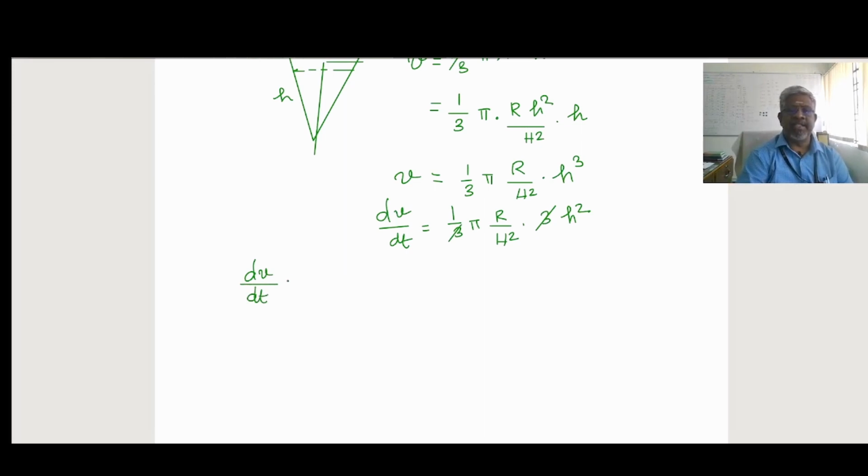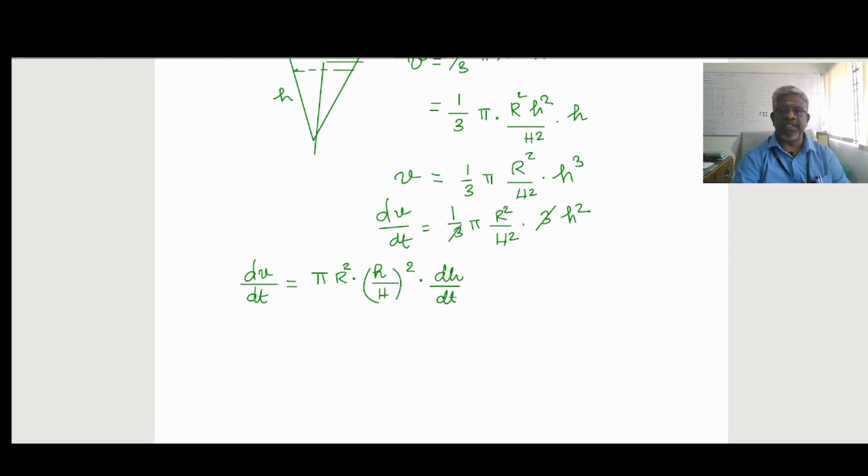dV by dt is equal to pi into r square into h by H whole square. Sorry, everywhere it is r square. Pi r square into h by H whole square into dh by dt.